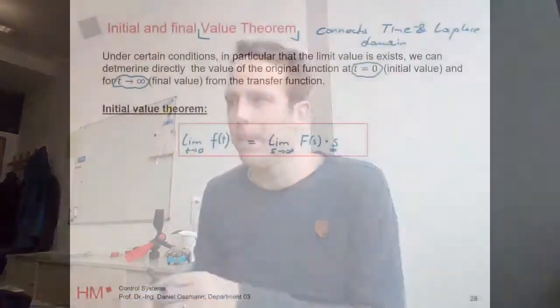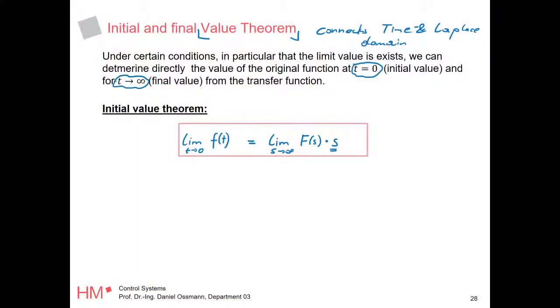Now you could say, okay, we have f of t here, so what's f of t? Now I'm going to connect that to our system, because in the Laplace domain, we said our system output y of s is equal to our transfer function g of s multiplied by u of s. So what does that help us?